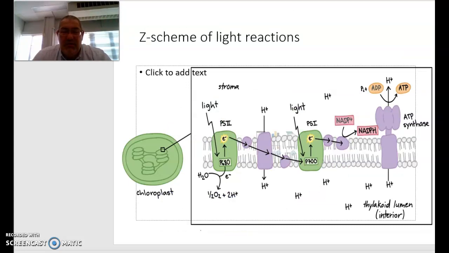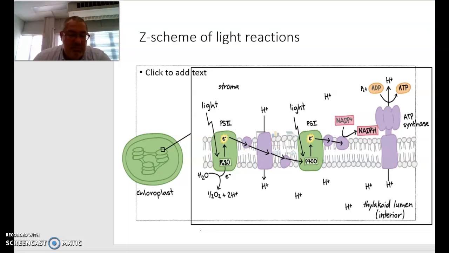This figure shows you a Z-like configuration of the movement of electrons in what is called the light-dependent reactions of photosynthesis. So you see a phospholipid bilayer, that's the thylakoid membrane. In light green, you see two photosystems, photosystem 2 and photosystem 1.